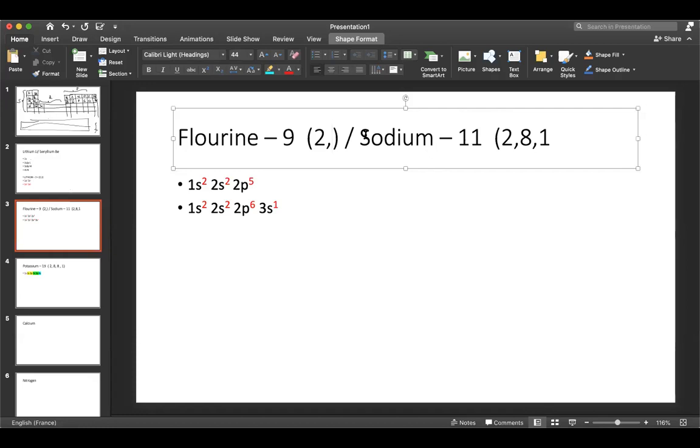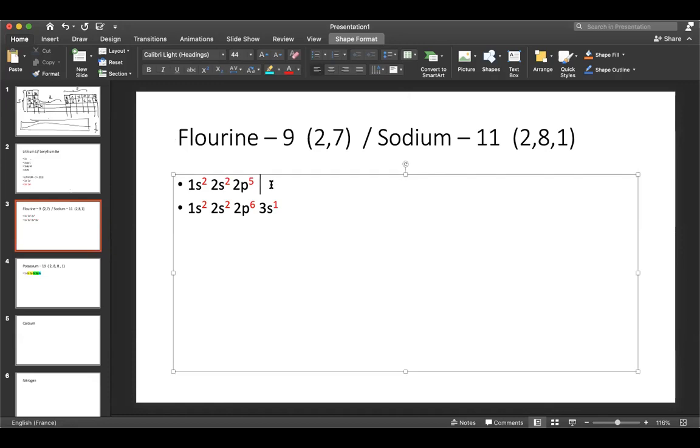These are the standard electron configurations we did in Zambia. Is everyone clear with this one, the 2,7 for fluorine and the 2,8,1 for sodium?